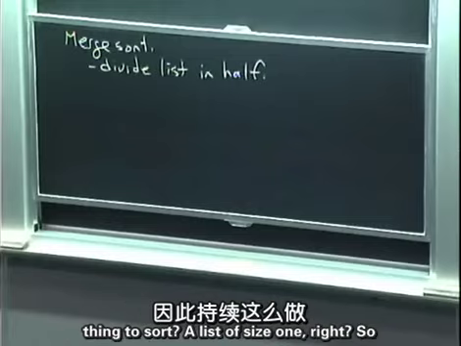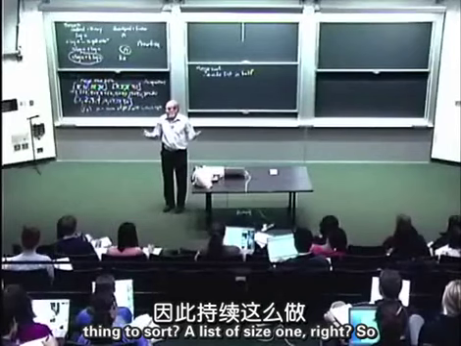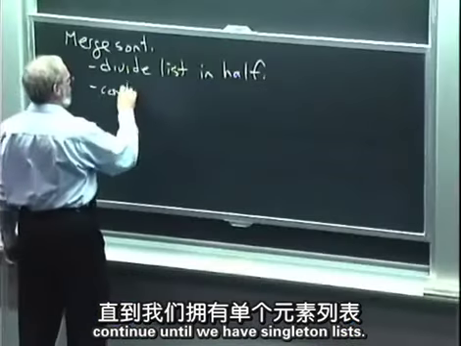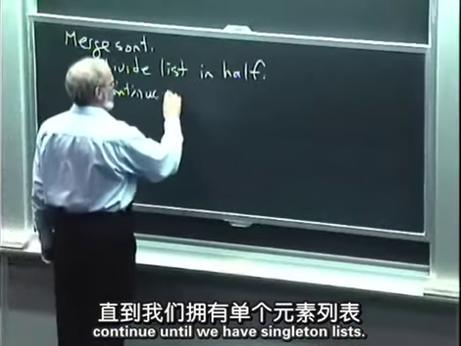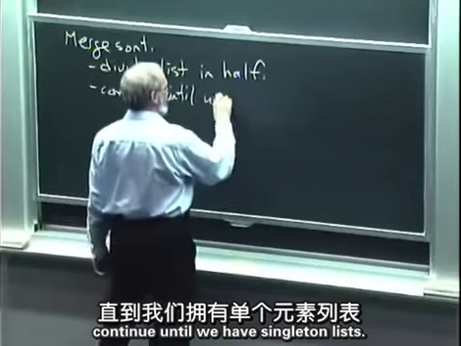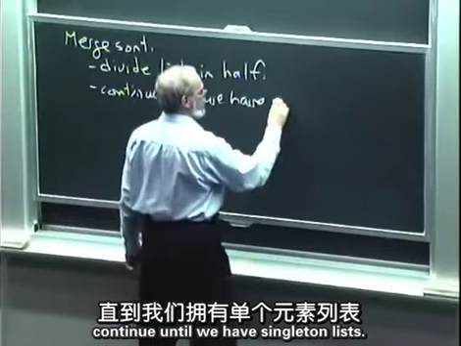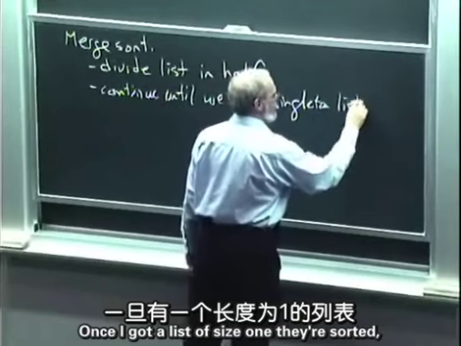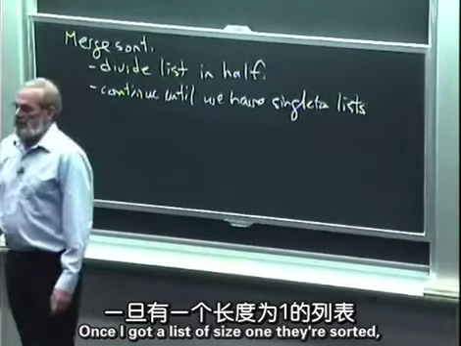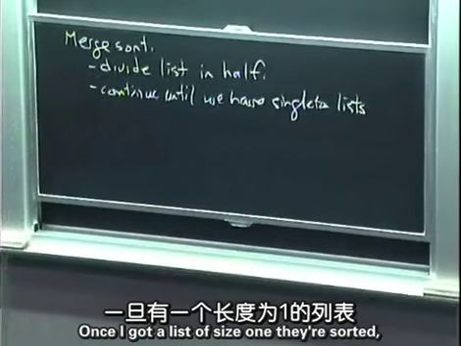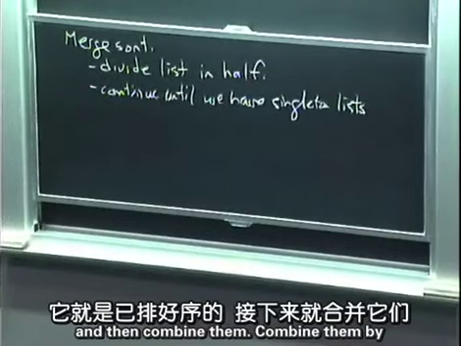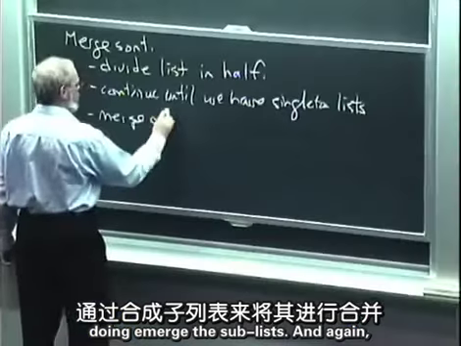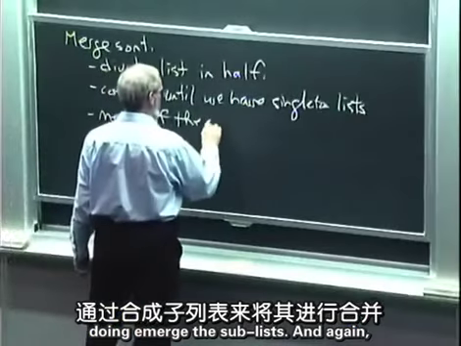What's the simplest thing to sort? List of size 1, right? So continue until we have singleton lists. Once I've got lists of size 1, they're sorted, and then combine them. And combine them by doing a merge of the sublists.